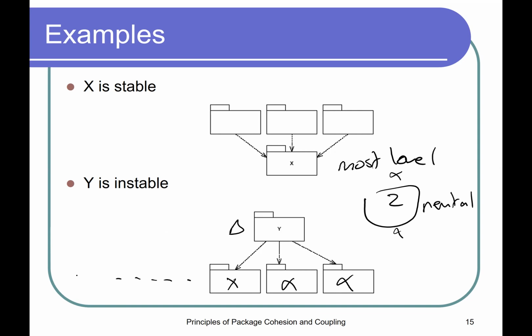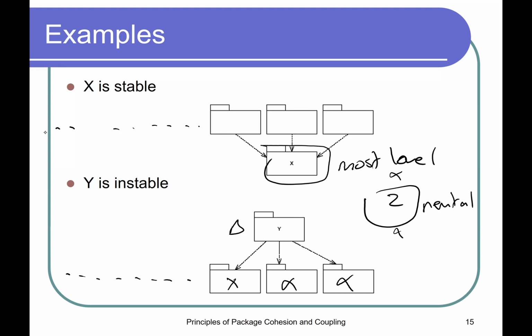If I take this to the nth degree, any one of the packages that Y depends on changes, I have to go back and redeploy Y. On the other hand, if I go back over here and take this one to the nth degree, if I happen to change X, I'm going to have to redeploy a lot of other packages. So I'm going to think twice, 3 times, 100 times before I make any changes to X. Z, on the other hand, is neutral. It's the same.